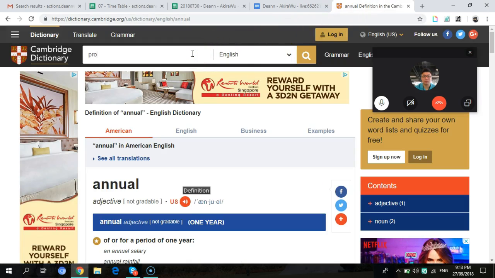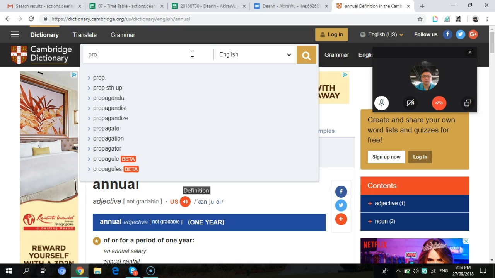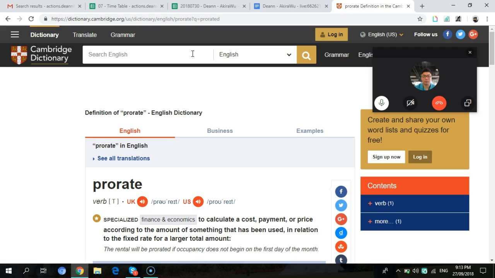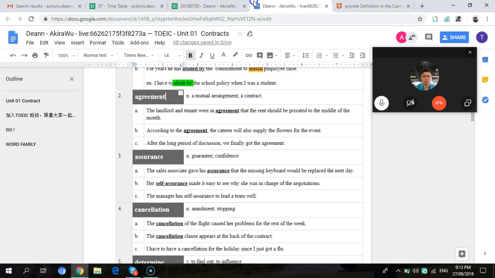How about the next one? According to the agreement, the caterer will also supply the flowers for the event. And how about letter C? After a long period of discussion, we finally got an agreement. Okay, very good. So, thank you for reading the following example sentences.